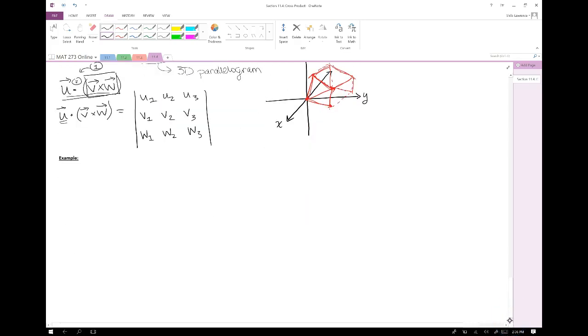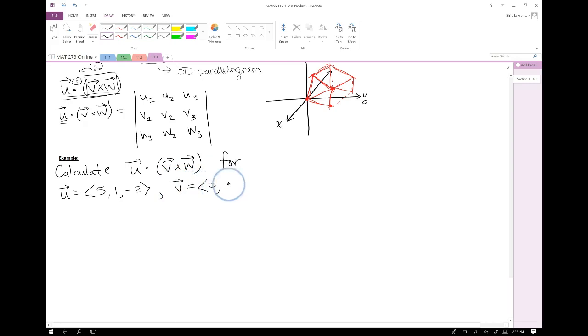So let's try an example. We are going to calculate U dotted with V cross W, for U equals, let's say, 5, 1, negative 2. V equals 0, 9, 3.